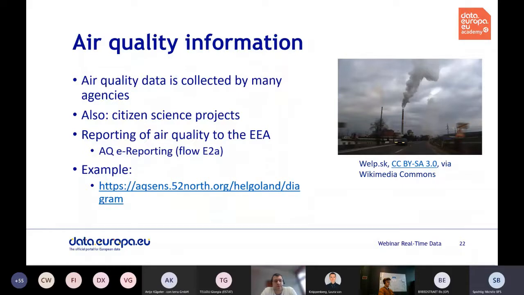For example, I'm aware that the JRC has also been working on a project where they are using or evaluating different types of sensors regarding the accuracy and trying to densify the official public measurement networks with further sensors in order to get a better coverage of data, and at the same time having a clear view on the data quality of perhaps medium cost sensors and how they can be then used in order to get a better impression of the air quality situation.